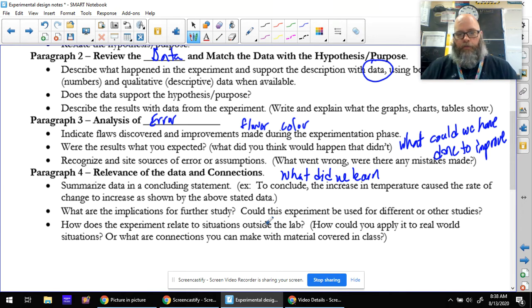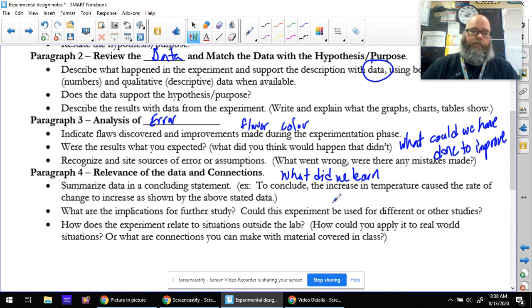All we learned was that L8 kills plants, and maybe all sodas kill plants, and that maybe we need to try fruit juice, if we're trying to find something that helps plants grow better. Or maybe we should have had water with the same amount of sugar in it as the other plant, so that we took that out of the equation.